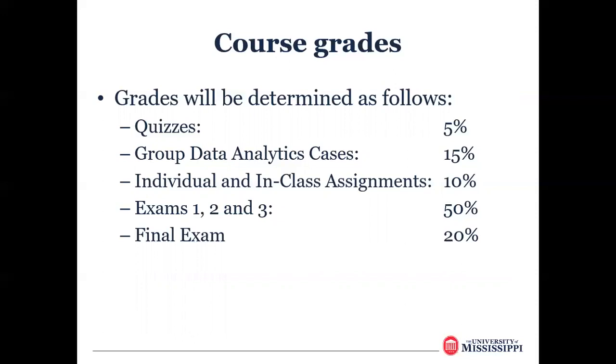I would expect that the final exam won't necessarily be longer than the midterms, but it'll cover more material. And so that last exam will cover 5 modules, I believe, whereas the other exams will cover a smaller number of modules.